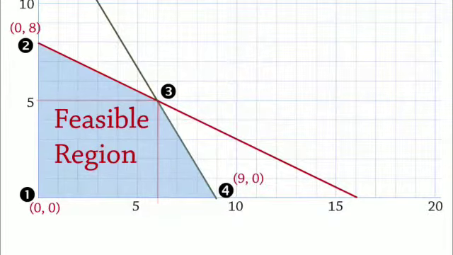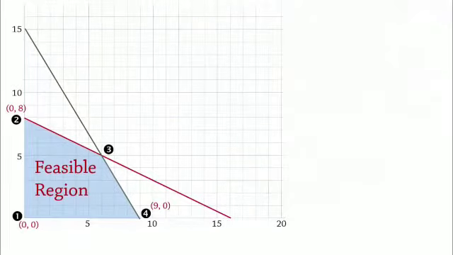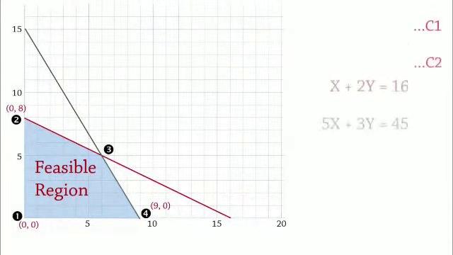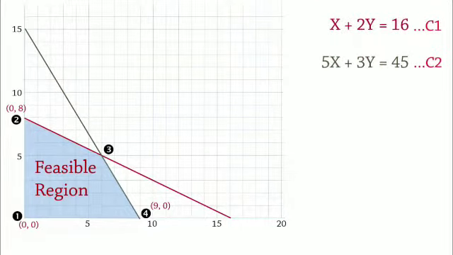But eyeballing is not usually the best way to go when finding the intersection of two lines, especially when manually drawing the graph. So let's see a way to solve the two equations simultaneously to determine the actual coordinates. Here are the lines for the two constraints. Now suppose I choose to eliminate x. Note that the coefficient of x here in C2 is 5.